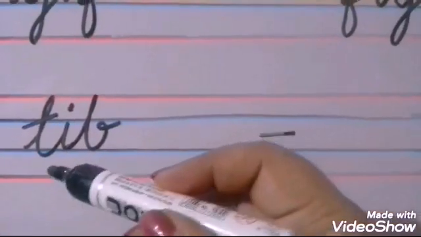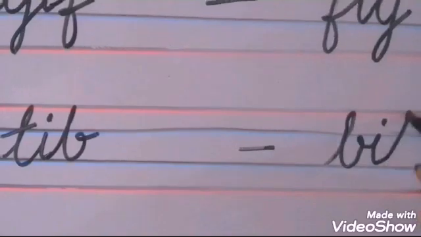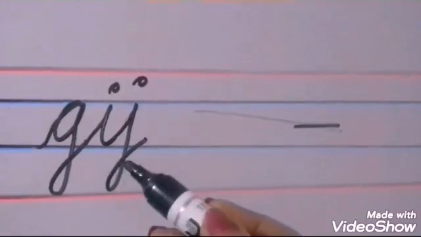It will be FIG, fig. What will be unscrambled word for TIB? It will be BIT, bit. What will be unscrambled word for GIJ? It will be JIG, jig.